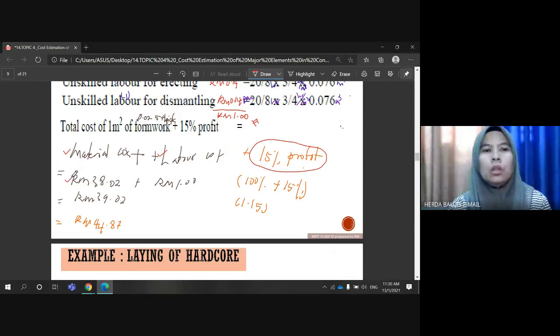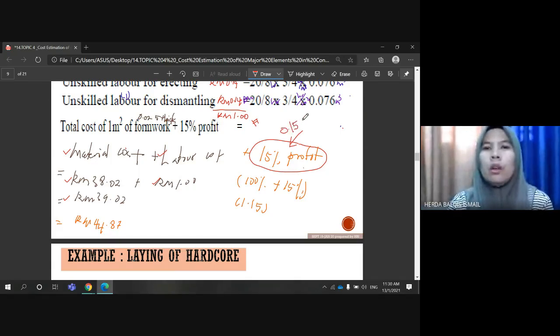So 38 ringgit and 12 cents plus 1 ringgit, you will get 39 ringgit and 12 cents. Now for the 15% profit, if you want to calculate the profit only, and you are confused, you can calculate one by one.